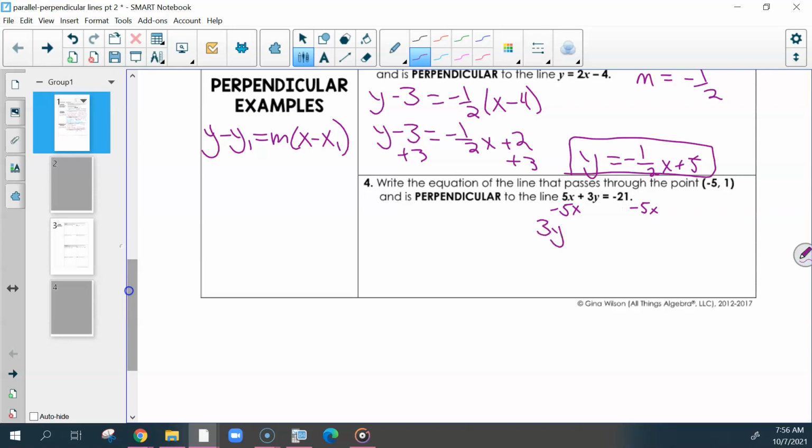And you're left with y equals negative 5x minus 21. Divide everything by positive 3. This is your original equation, not our final answer.